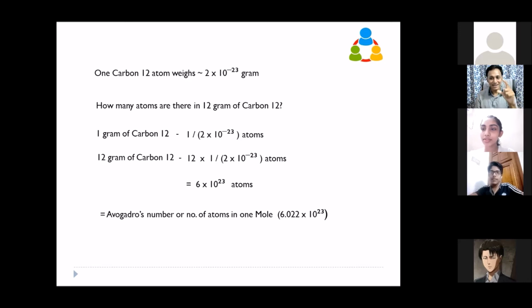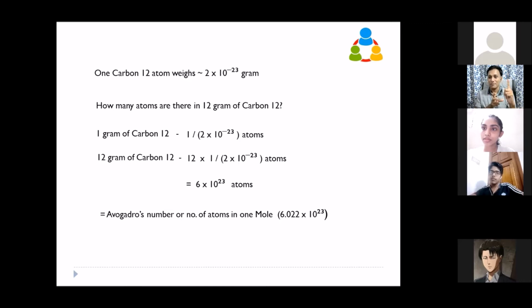Because one carbon atom is 12 AMU, or 6 protons plus 6 neutrons. Right? So in 1 gram, let us assume X number of protons are there.